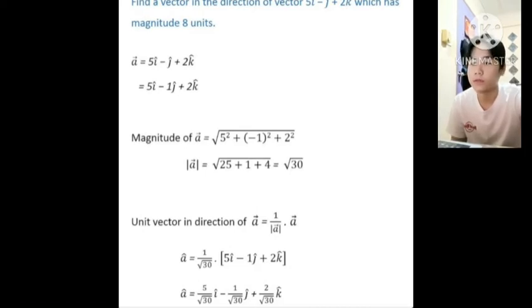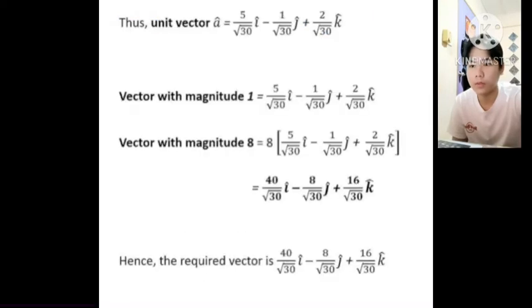So this is one of the example questions to find the magnitude of a vector. In the question given, find a vector in the direction of vector 5i minus j plus 2k which has magnitude 8 units. So the vector is equal to 5i minus j plus 2k. By using the formula of magnitude of vector, just put the vector value into the formula and we get root 30.